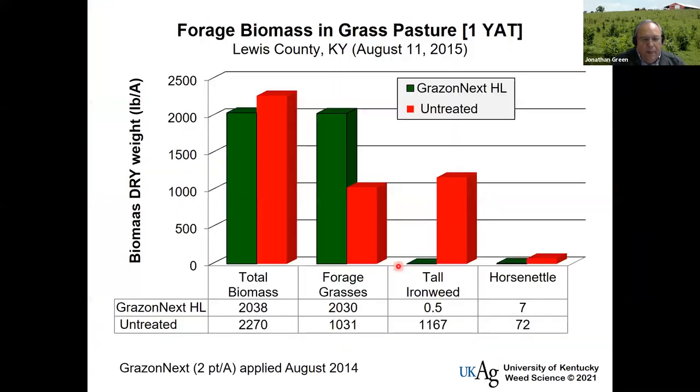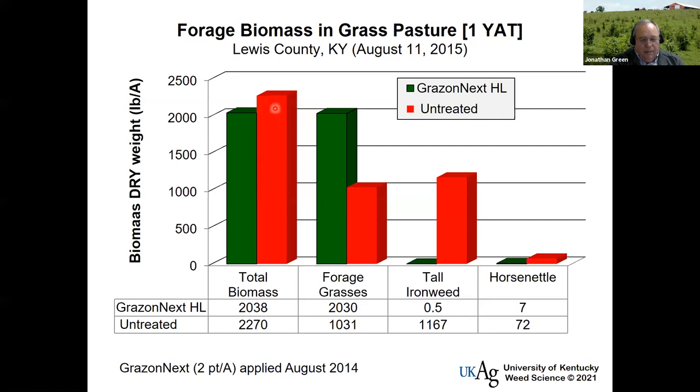And here are the results. We used Grazon Next, which is the green bar here, and the red bars represent the untreated. This is a measurement of the biomass dry weight on a pound per acre basis. As you can see, the total biomass produced on both areas, one sprayed and one unsprayed, was about 2,000 pounds of dry matter per acre with this one-time sampling.